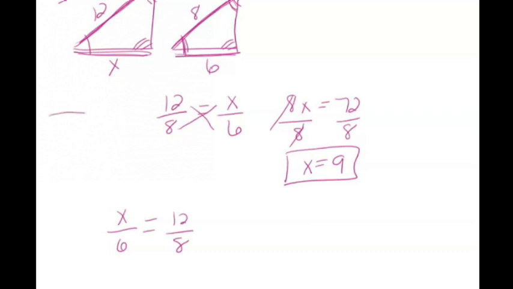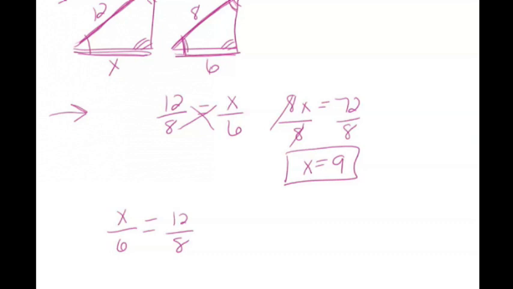Typically we read left to right. But if for some reason the triangles are positioned strangely, and maybe your brain would just look at the bottom first, that's totally fine. It doesn't matter which order you write it in as long as you put the corresponding sides correctly.